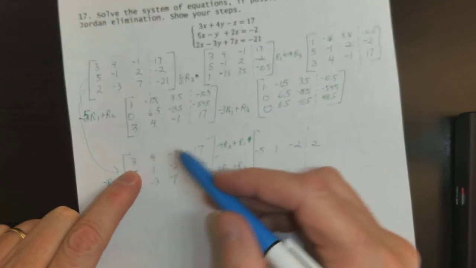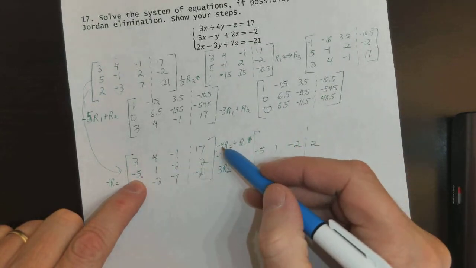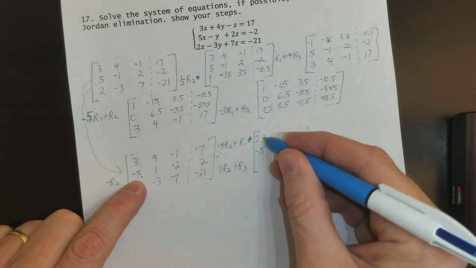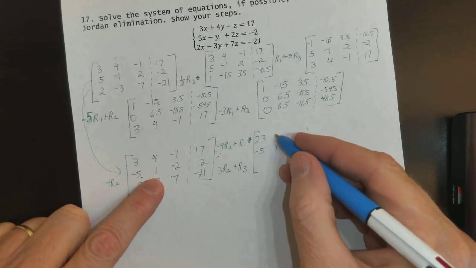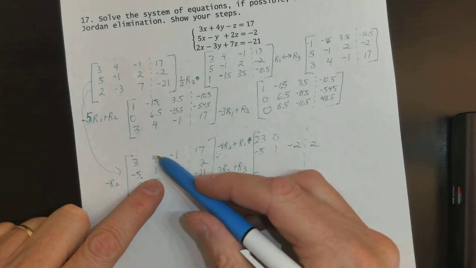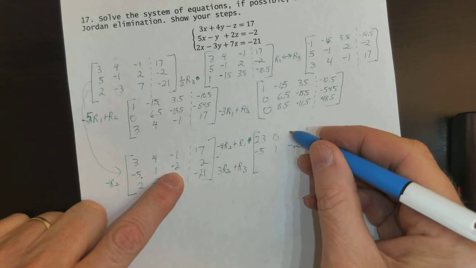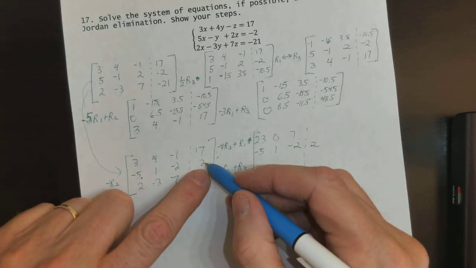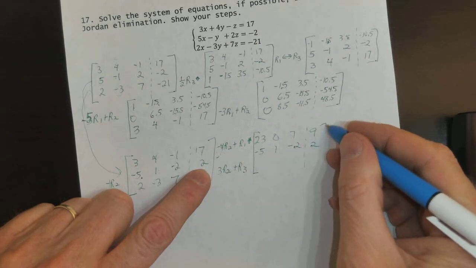Okay. Negative 4 times negative 5 is 20, plus 3 is 23. And then I got my 0. Negative 4 times 1 plus 4. Negative 4 times negative 2 is 8. Negative 1, that is 7. Negative 4 times 2 is negative 8 plus 17 is 9.